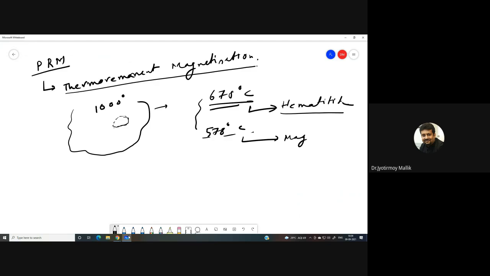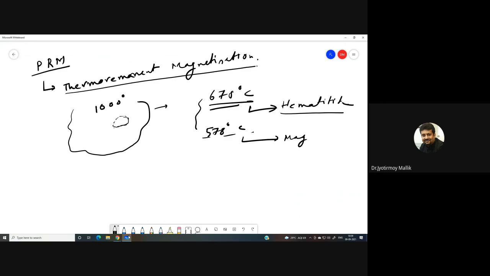Similar magnetic field, and this is what we call thermoremanent magnetization, the primary remnant magnetization that is acquired by the rock during the cooling process. Now, this is what we have for thermal remnant magnetization.